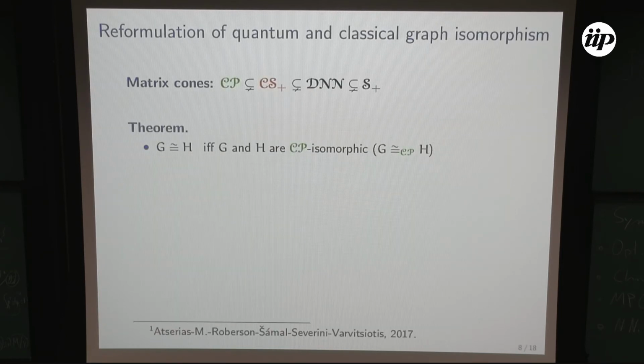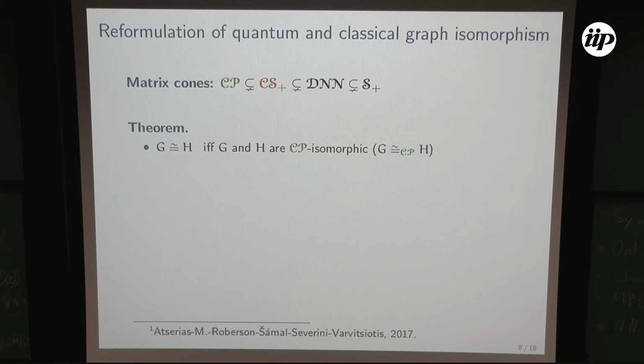Okay. And now it turns out that we can characterize these quantum and classical graph isomorphism as a conic problem if I just pick my cone correctly. So for classical, just regular graph isomorphism, the corresponding cone is this completely positive one.